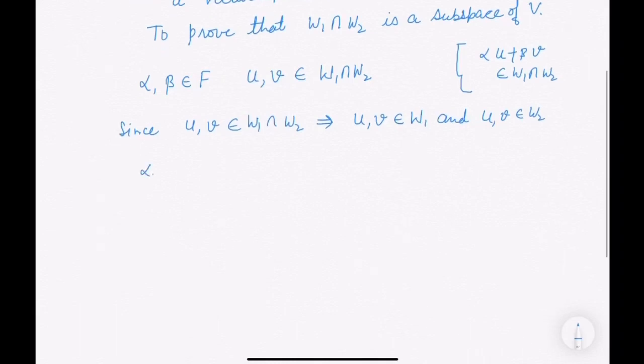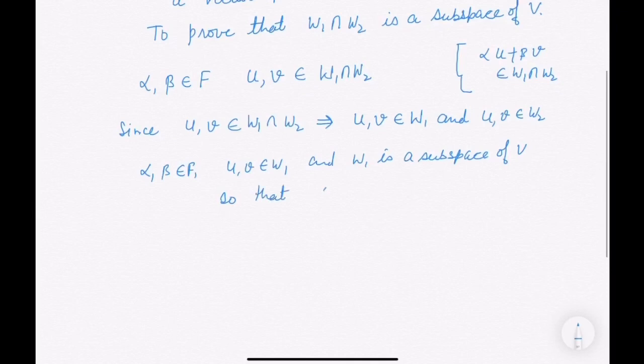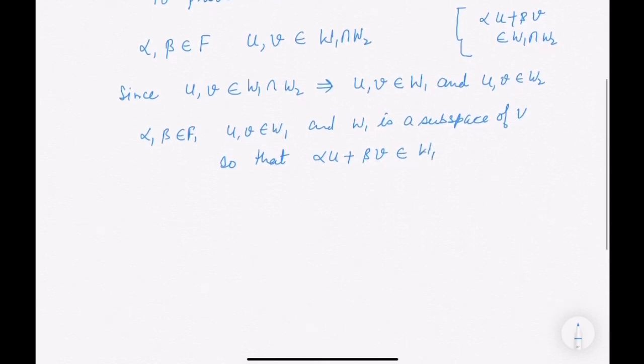Now alpha, beta belong to the field, U, V belong to W1 and W1 is a subspace of V, so that alpha U plus beta V belongs to W1.